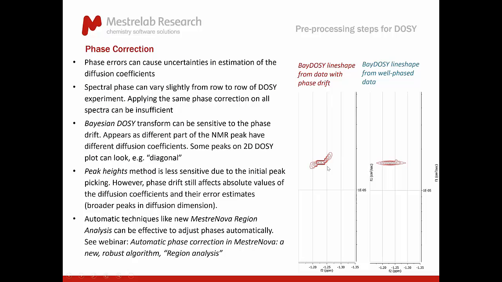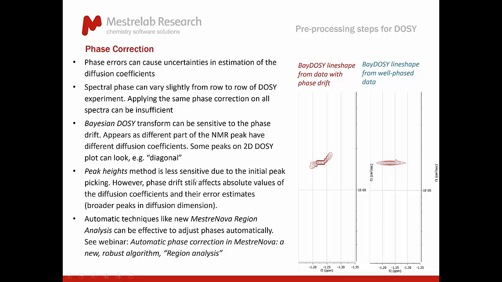Because it does the transformation point by point, it sometimes gives you a funny shape, and you can see these distortions here. With peak height, because you do just a single peak analysis, it basically doesn't do that. But if there is a phase error, it will probably still be translated into a position error in the final spectrum. So it's still a good idea to do phase correction for both techniques.